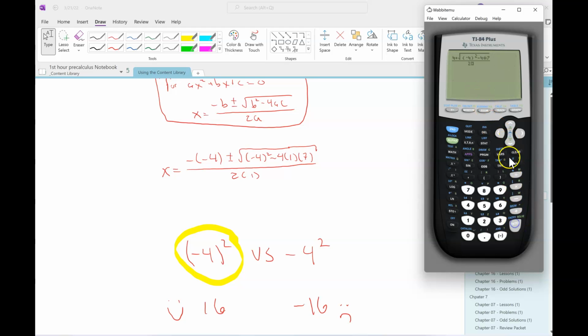Oh, interesting. What's my problem now? Data type. Interesting. I would not have thought that it would give me an issue. So I think the issue is it doesn't like that I'm putting an imaginary number in a fraction. I think that is what it's complaining about here. I was not expecting the calculator to give me an issue with this.